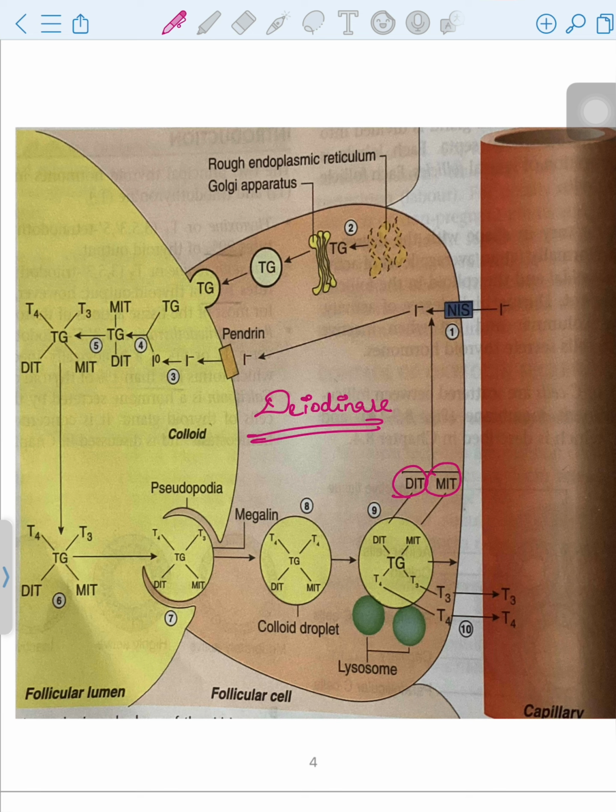So once it gets released, this deiodinase converts them back into iodide and tyrosine residues. So these two are reversed and they are used again. They are recycled. Okay. So the fate is that DIT and MIT are converted into iodide and tyrosine and reused, and T3 and T4 are released into the capillaries.